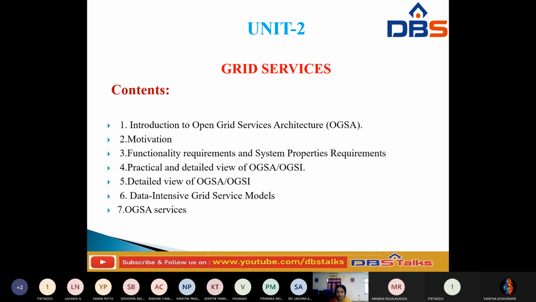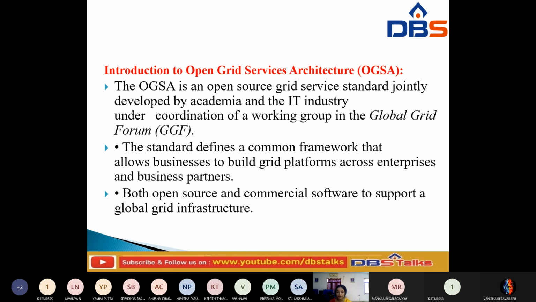Next, coming to the introduction to Open Grid Service Architecture. What is meant by OGSA?